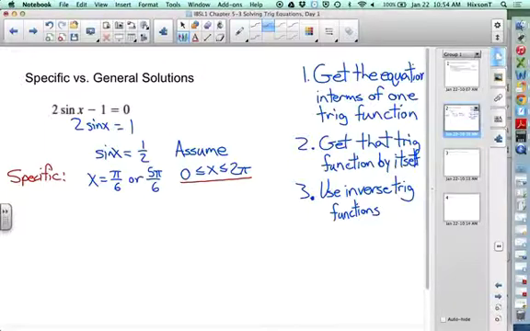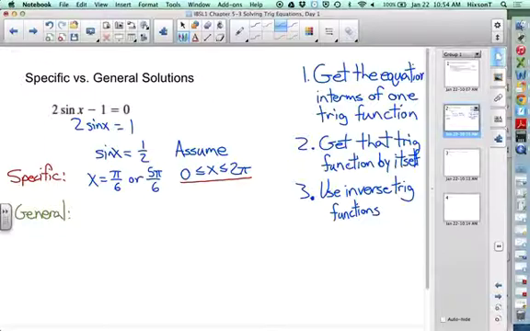Now, a general solution is a way of expressing all possible answers. Let's just take the pi over 6.